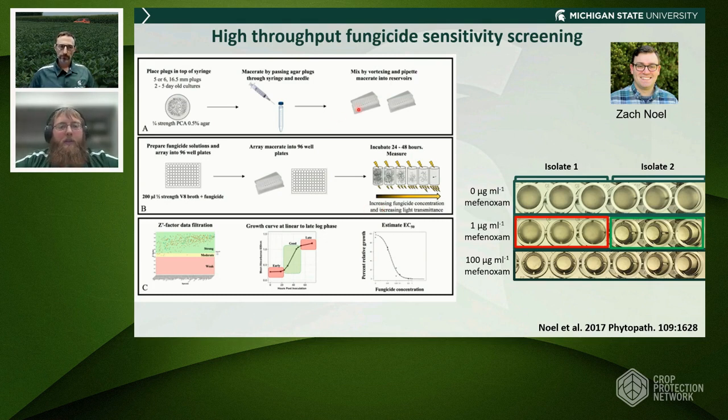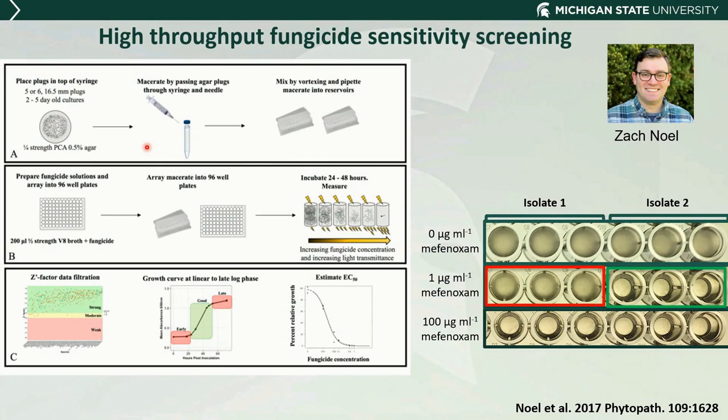Yeah, so this is a high throughput assay for fungicide sensitivity screening. So traditionally, what we would do is make up a bunch of petri dishes that have varying concentrations of fungicides in them and test our isolates against them and determine a sensitivity number to each chemistry to determine if the isolates are resistant or insensitive.